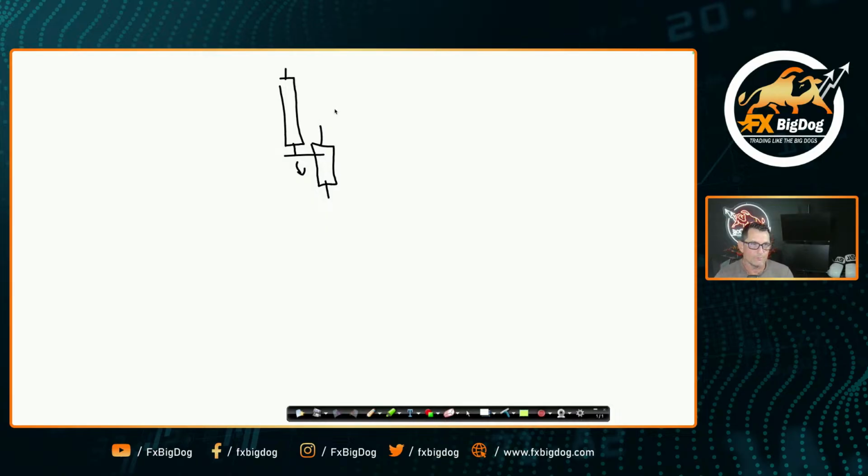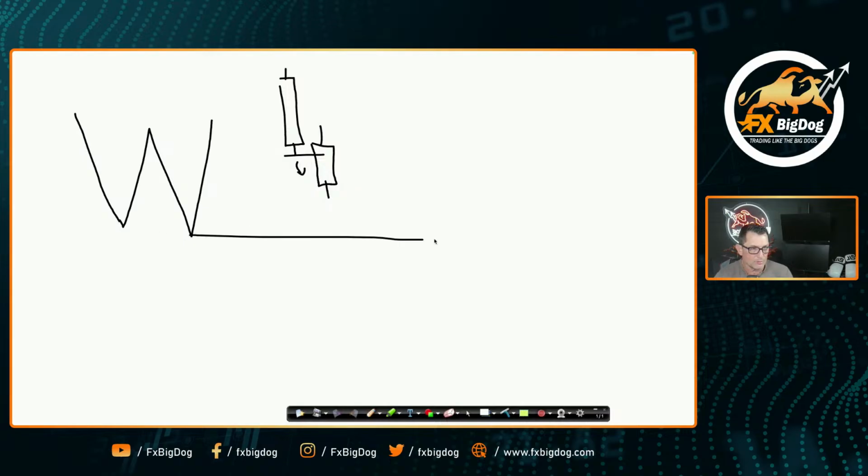So what are we looking for? If we look at the weekly time frame, what we want to look for is where is a low? Where's the low area? Because if this is the low, then we're probably going to see price continue to push towards that. You might get some false breaks, some false turns, but the market's going to continue to push until it takes out the low.